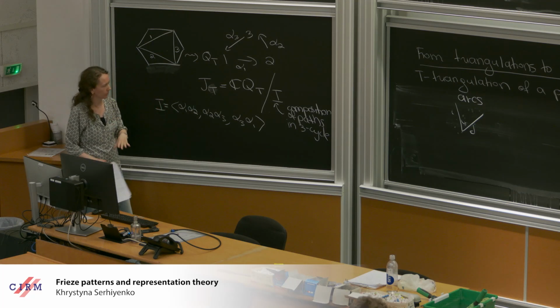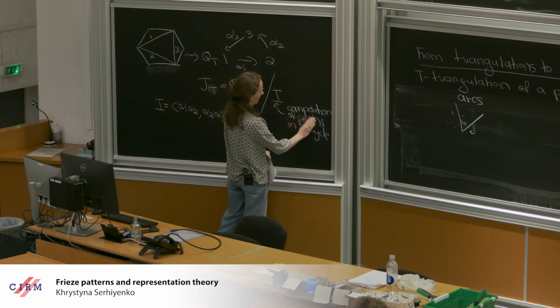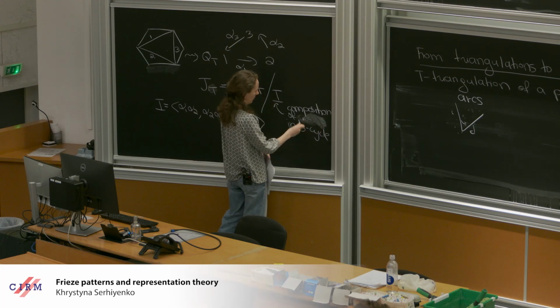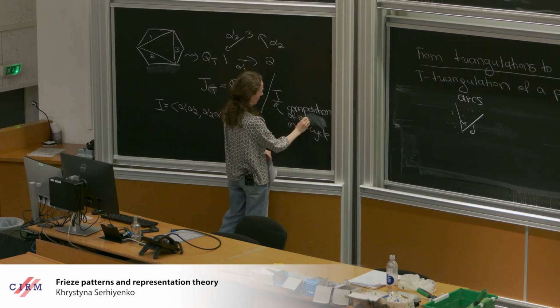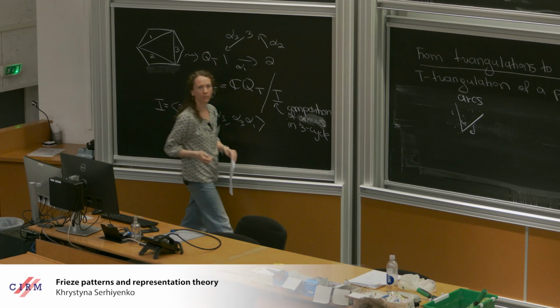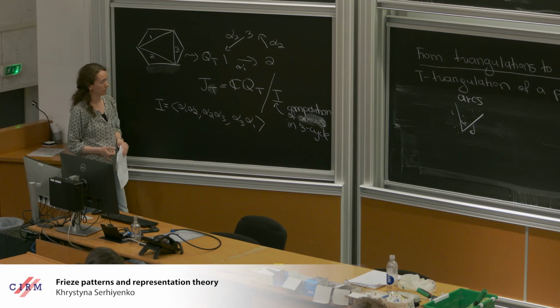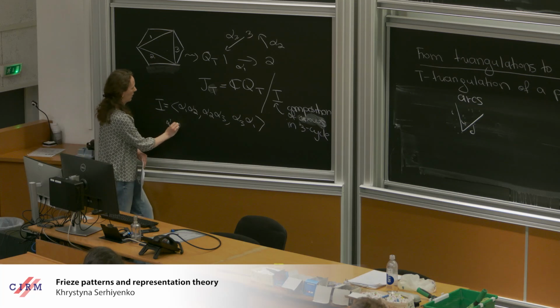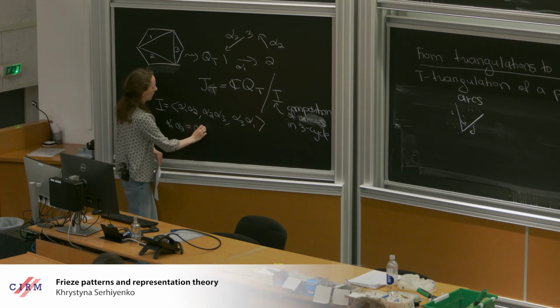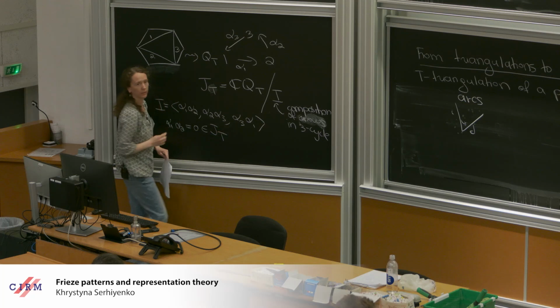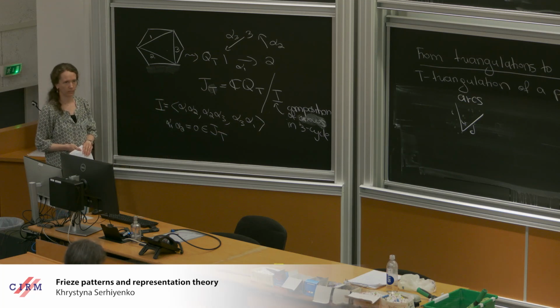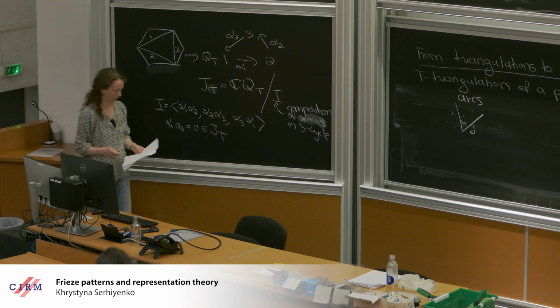So alpha 1 alpha 2 should be 0. Yes, alpha 1 alpha 2 is 0 inside this.